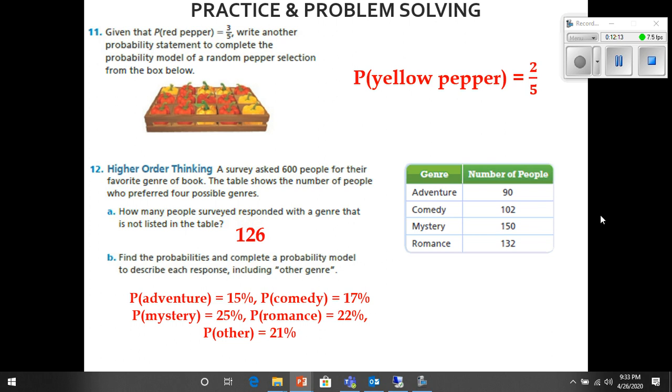So when we take 90 and divide it by 600, we get 0.15, which is 15% for adventure. When we take 102 and divide it by 600, that would be 0.17, which is 17% for comedy. Mystery would get 150 divided by 600, which would be 0.25. That means 25% of the people like mystery.